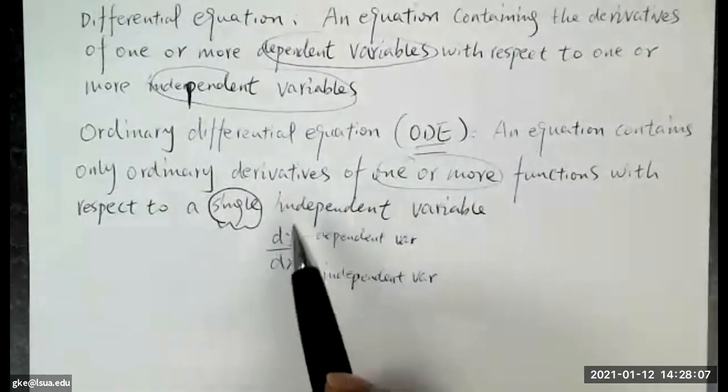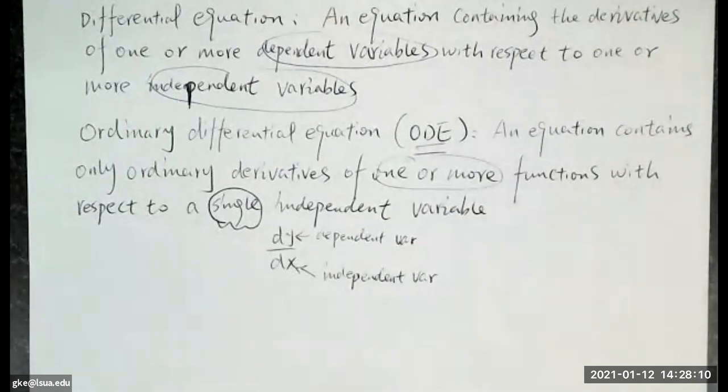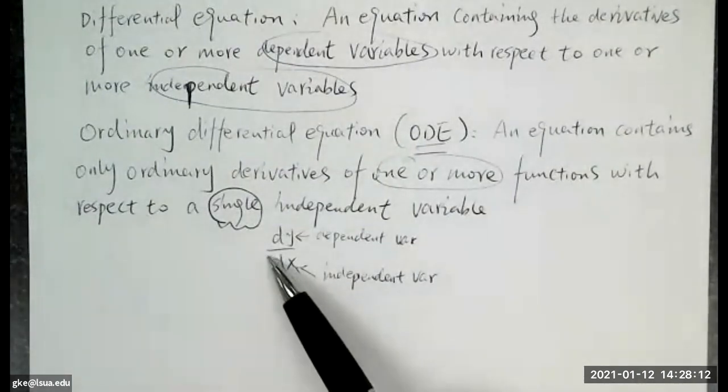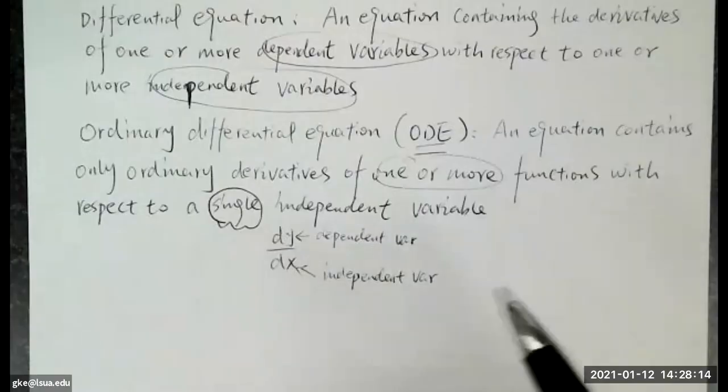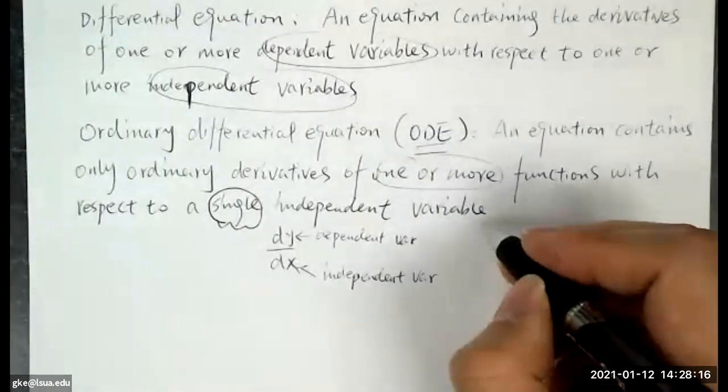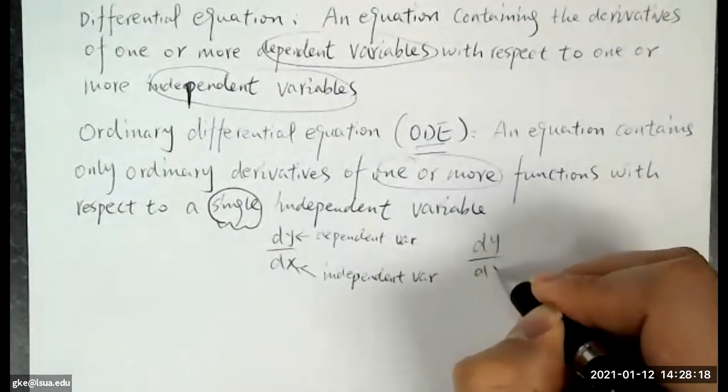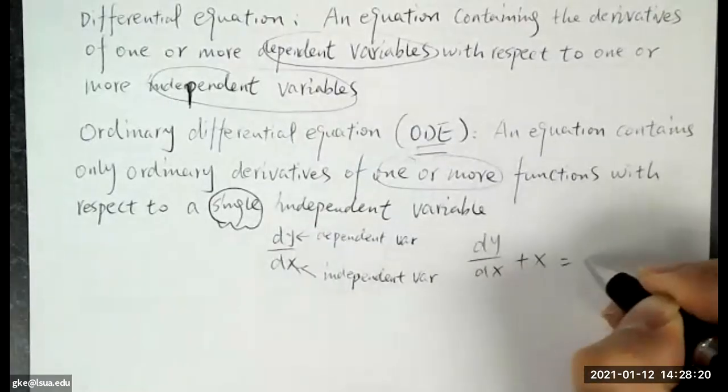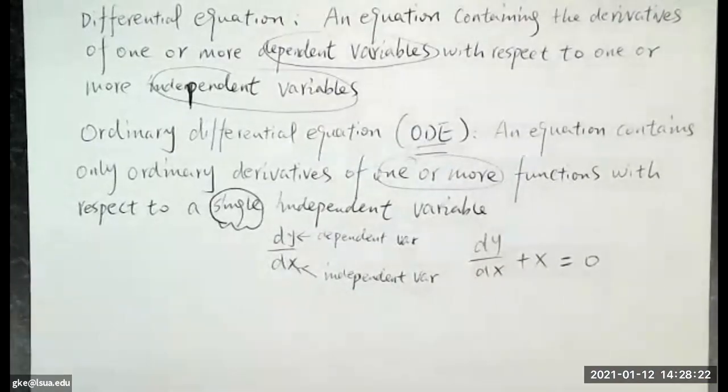So we only have dy over dx, and we can write a function like that equals 0.